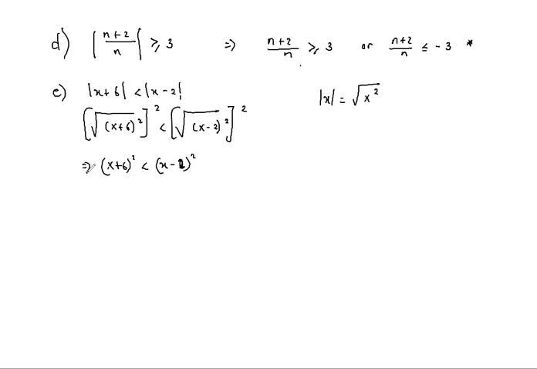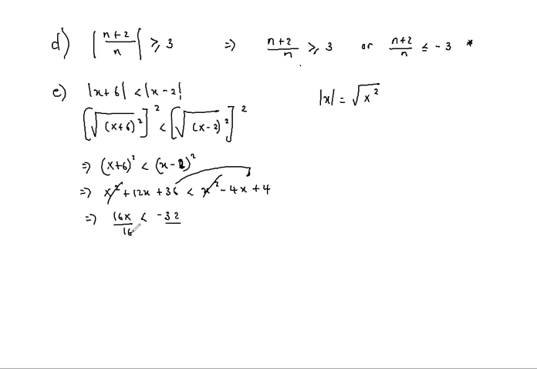Then you should be able to finish up, because it will be x squared plus 12x plus 36 less than x squared minus 4x plus 4, so that x squared cancels on both sides, and then you have 12x plus 4x, that will be 16x less than, this goes to the other side, 4 minus 36, you get negative 32.